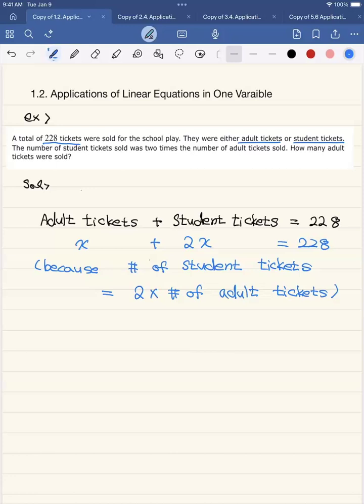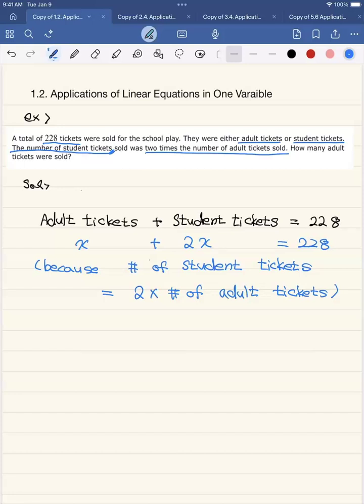The number of student tickets sold was 2 times the number of adult tickets sold. When we don't know the number, we put it as variable x, unknown number x. We know that the student tickets are 2 times the adult tickets.